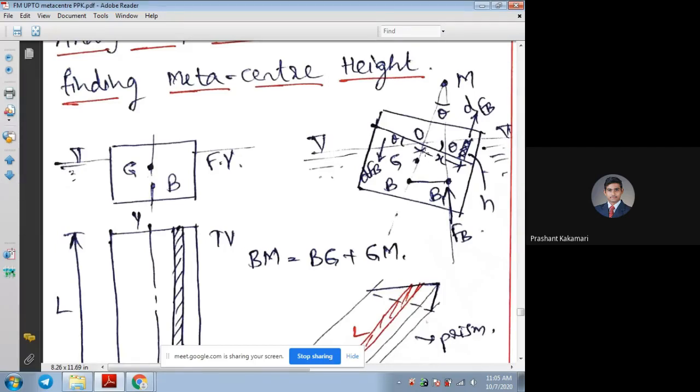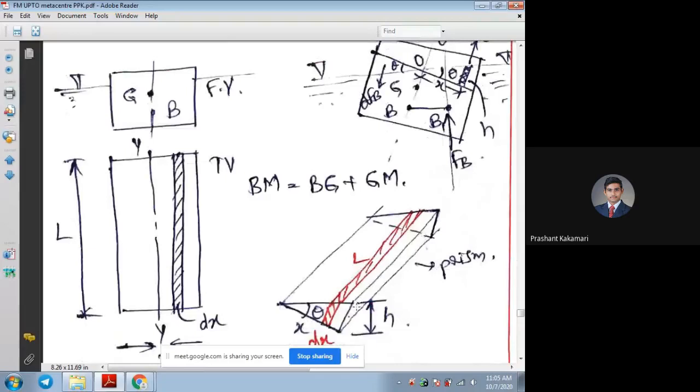One more couple is, see here, on the right side, what is happening? The triangular shape of the body. If you see the total 3D view, it is like this. The triangular shape of the front view has length L, height h on the opposite side of theta, and x is the one-side distance.